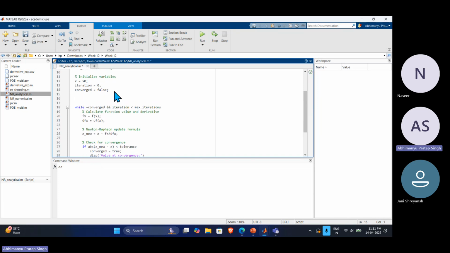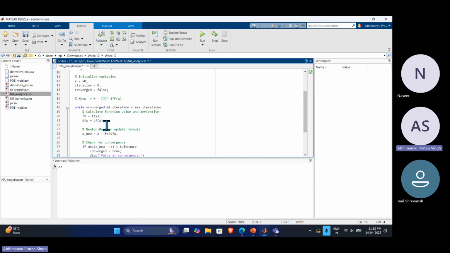In case of a multivariable case, this will become x nu is equal to x minus, I will have my Jacobian inverse here, J inverse, multiplied by f of x. So this f of x will be a vector here, this x will also be a vector, and this J would be a matrix, and this x would also be a vector.